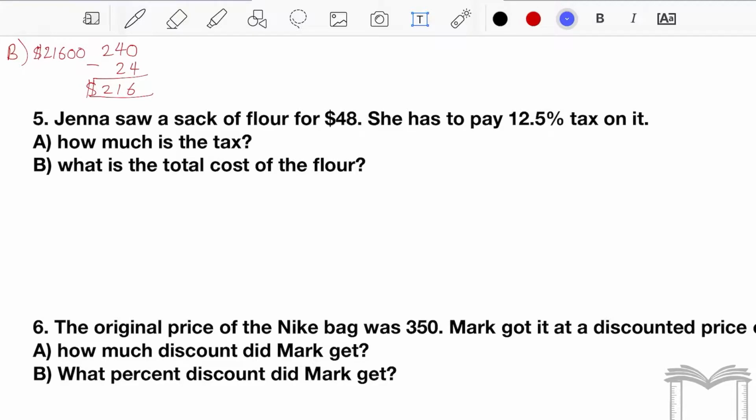Jenna saw a sack of flour for $48. She has to pay 12.5% on it. Part A, how much is the tax? Part B, what is the total cost of the flour?